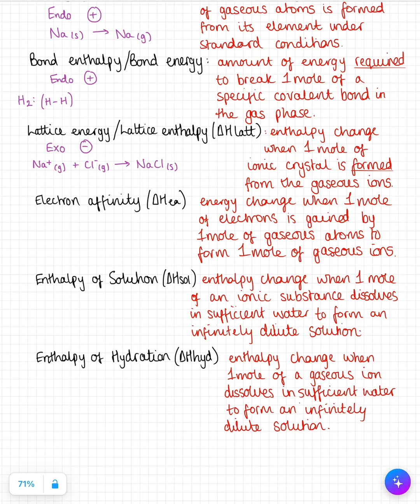Now, the value of lattice enthalpy will depend on a number of different factors. The factors it depends on will be the ionic radius and the charge of the ion.